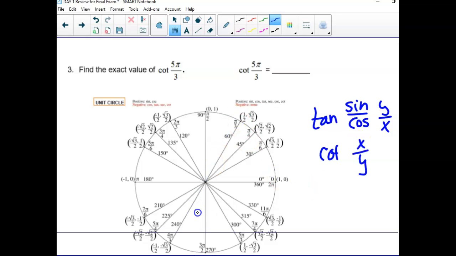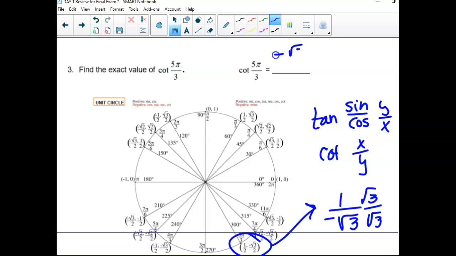So if we go to 5 pi over 3, which is right here, and we put the x over the y, we ignore the denominators because when we divided they'd cancel, and what is that going to simplify to? Negative square root of 3 over 3. Everybody good? Questions? Okay, it's not like a crazy negative angle that you have to convert and mess with. It's just find an exact value, but it could definitely be a reciprocal function.